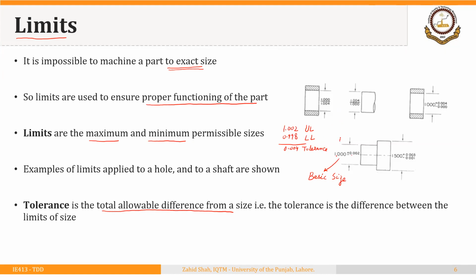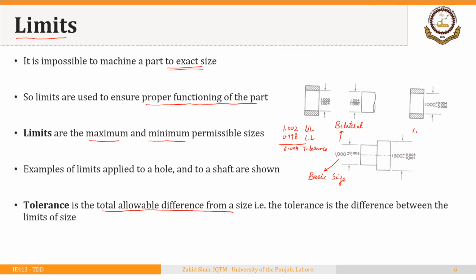So the type of tolerance that we are applying in this case is bilateral, because variation in both directions of the basic size is permissible. In this case, we are having a size of 1.500 plus 0.003 minus 0.001.